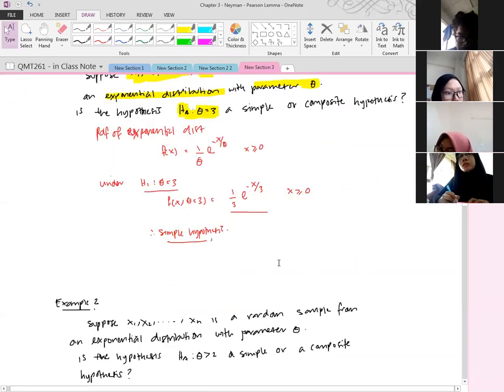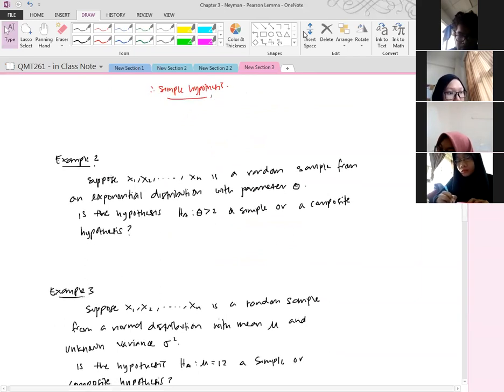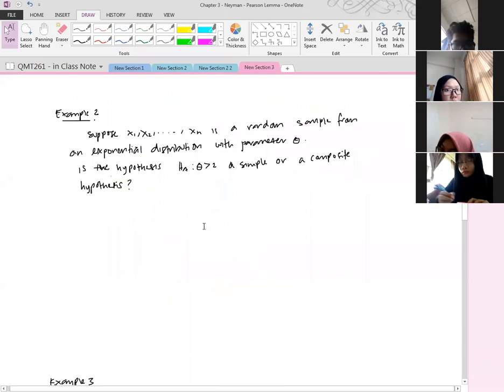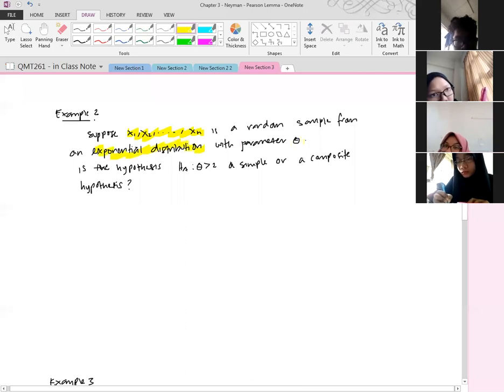Now look at example number 2. Suppose that we have x1 until xn, a random sample from an exponential distribution with parameter theta. Is the hypothesis theta more than 2 simple or composite?